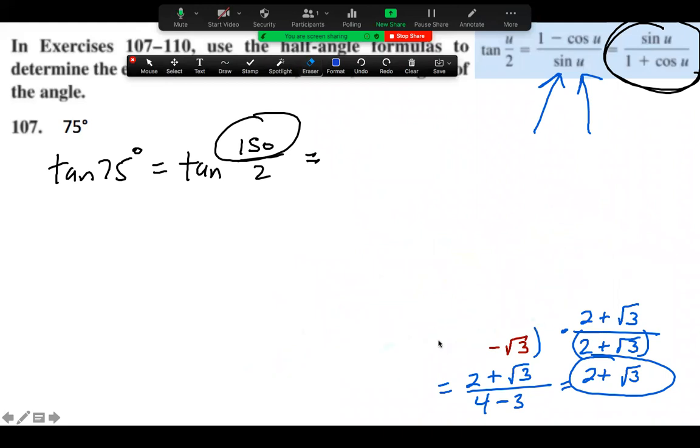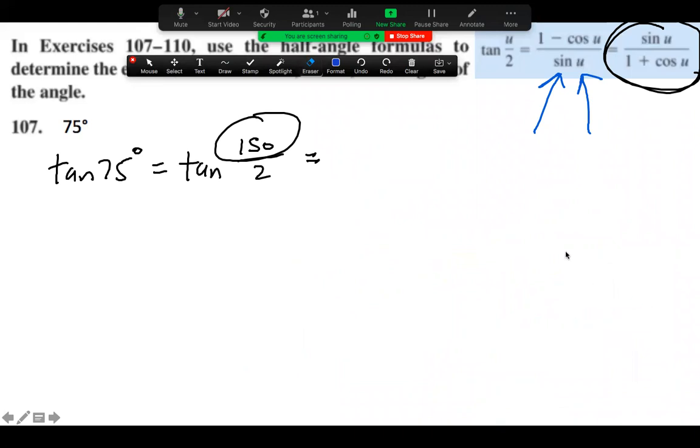You still get the same answer, 2 plus square root of 3. It's just that, due to the denominator not being a radical, it's a little bit easier. So what if I would have said tan 150 over 2 is equivalent to 1 minus cosine u over sine u.